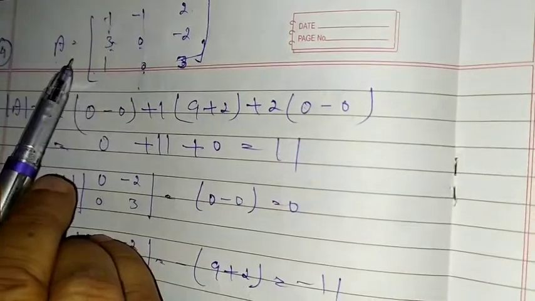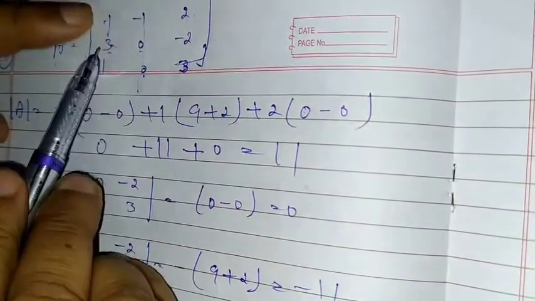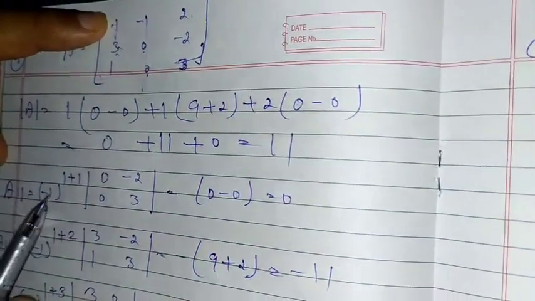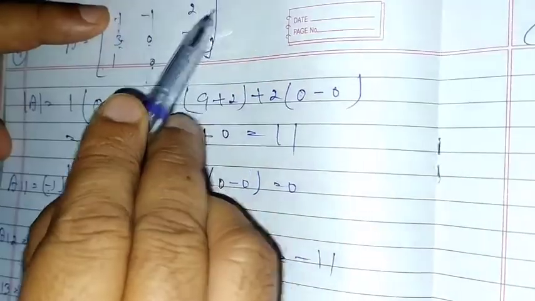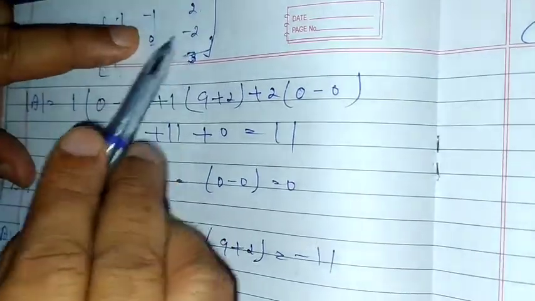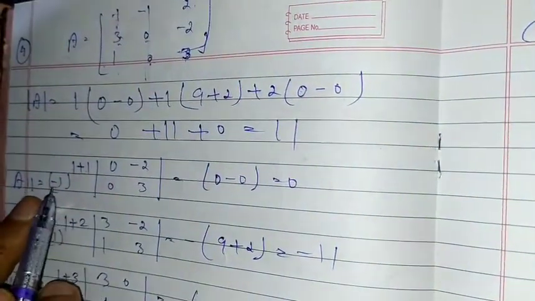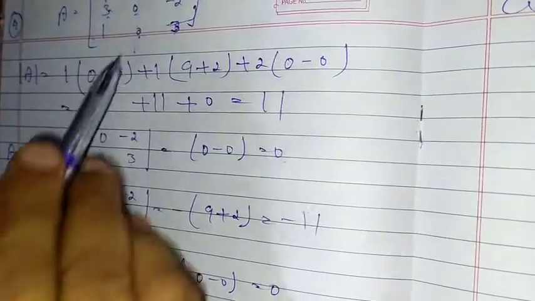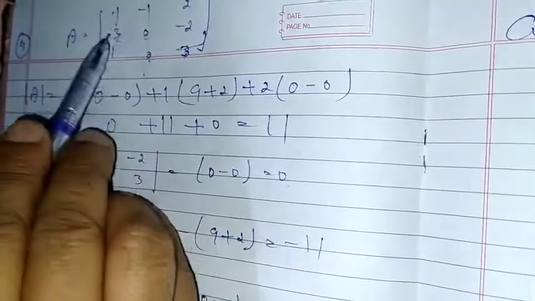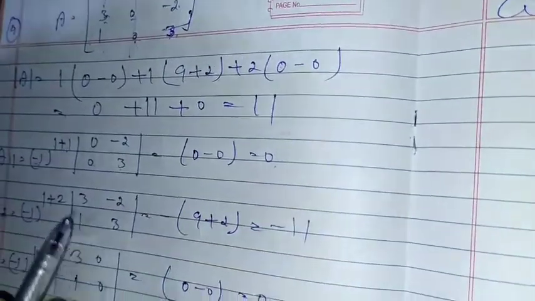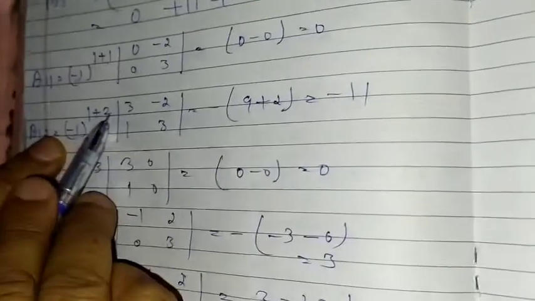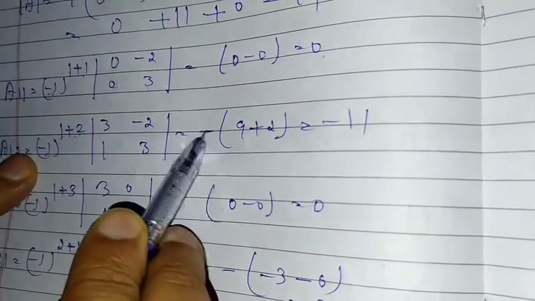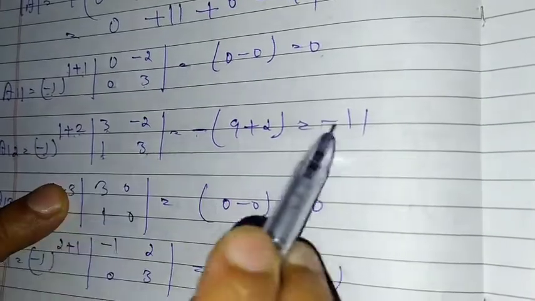To find the adjoint of this matrix, firstly find the cofactor of A11: minus 1 to the power 1 plus 1, leaving out this row and this column. 0 minus 0 it becomes 0. A12 cofactor: minus 1 to the power 1 plus 2, which is minus 1 to the power 3, so minus; 3 times 3 is 9 plus 2, minus 11.